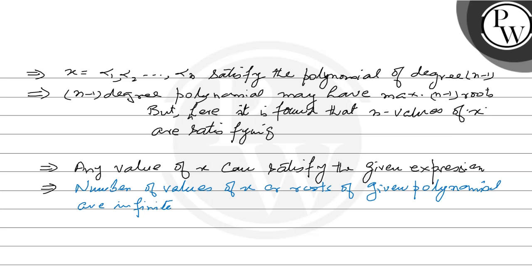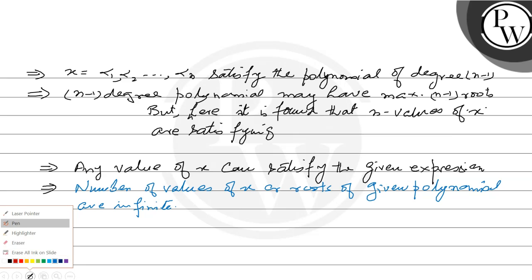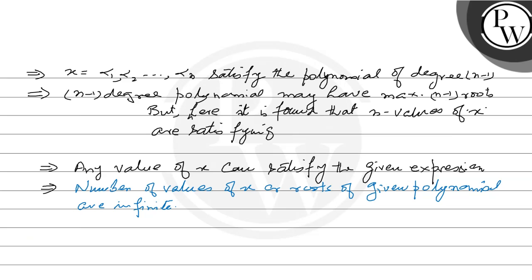So they were only asking how many values of x will be satisfying the given equation, and here we have found that the number of values of x, or we can say the roots also, are infinite.